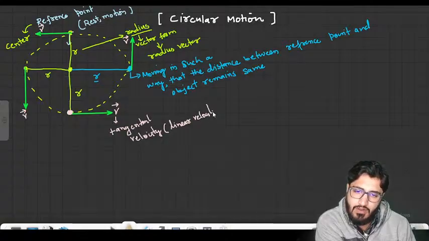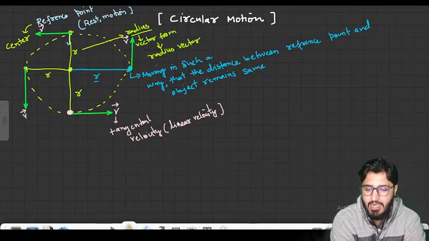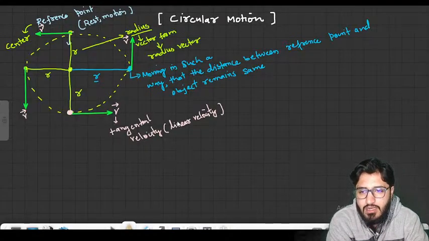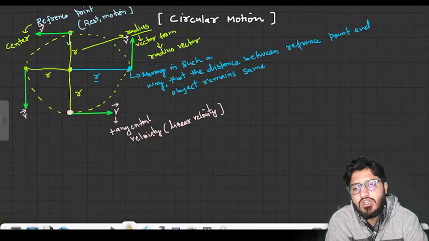So the center of motion, the radius vector, and the tangential velocity are all included in circular motion.